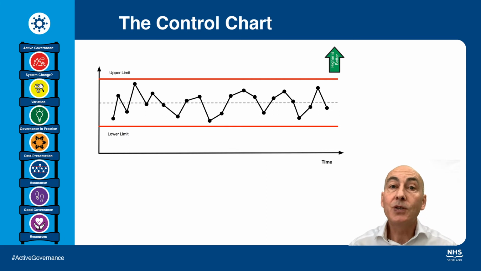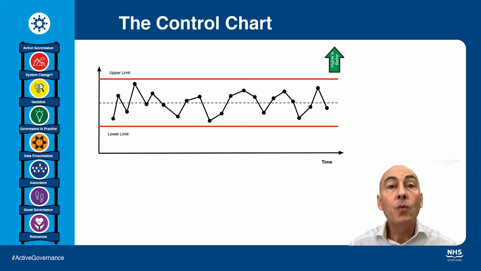So, what is a control chart? It's simply the data plotted in relation to time, and then we add limits, given as red lines in this particular example, upper and lower control limits. And we know that if any point lies outside the limits, then that's a strong signal that something has changed. It's what we call a special cause.